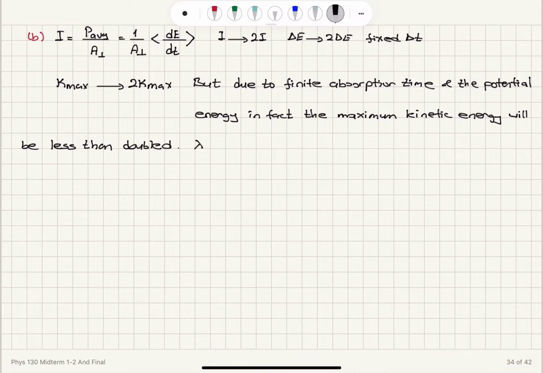The wavelength lambda has no effect. It doesn't enter these equations.